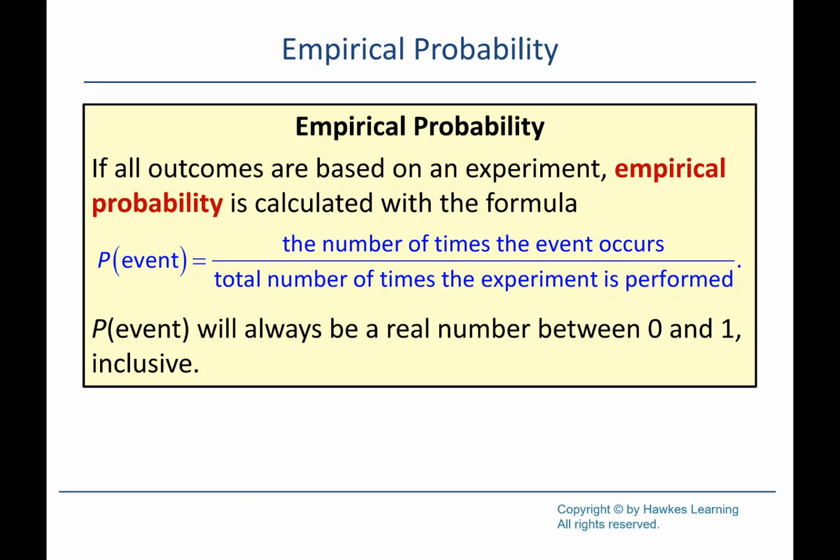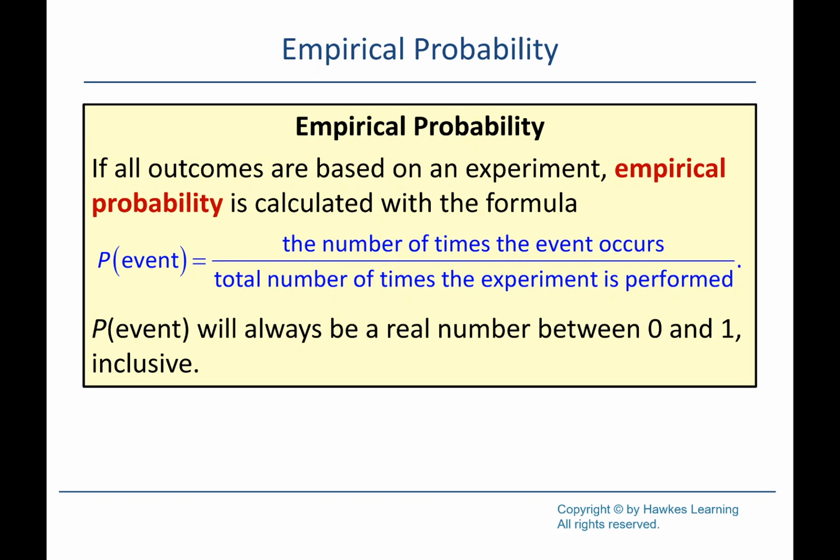If I wanted to know the probability that a person's favorite pizza topping is pepperoni, you could ask a bunch of people, see how many of them say pepperoni out of how many you asked. But if you ask more people, it changes the number we divide by. So we don't necessarily have a maximum on what our bottom number can be. It depends on how many times we do our experiment.